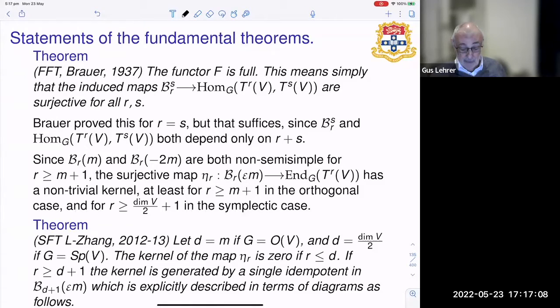Let's write D for dim M if G is O(V), where V is the dimension of M, and it's the dimension of V divided by 2 if G is the symplectic group.